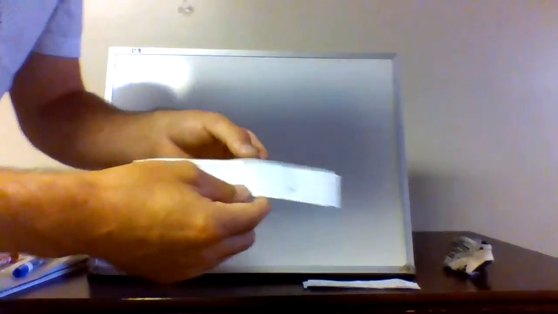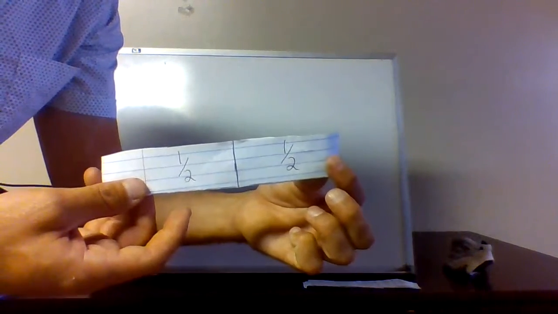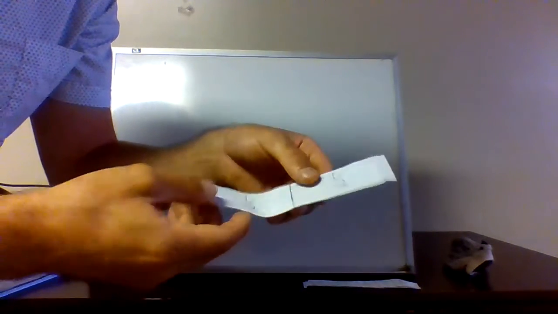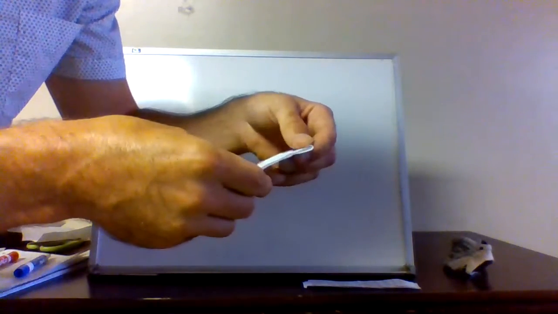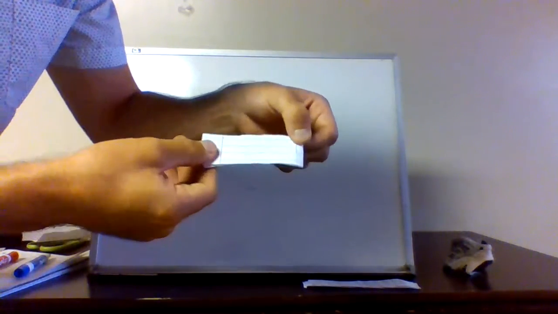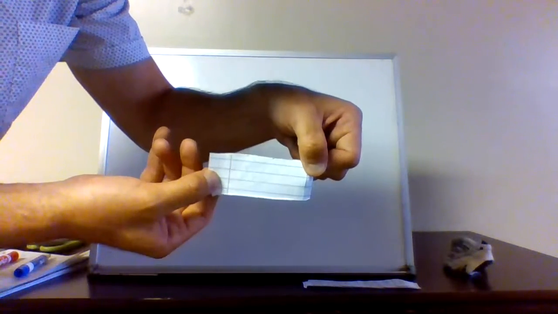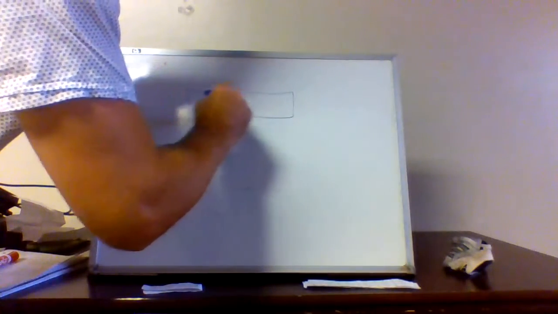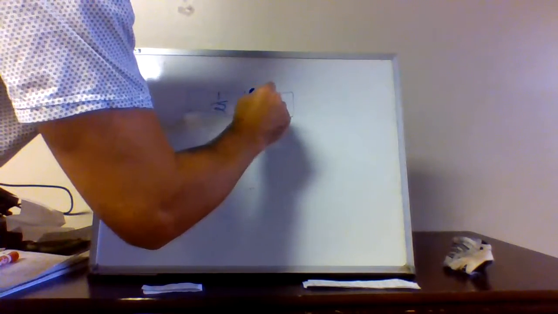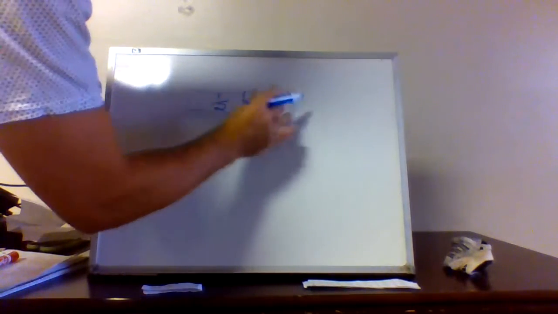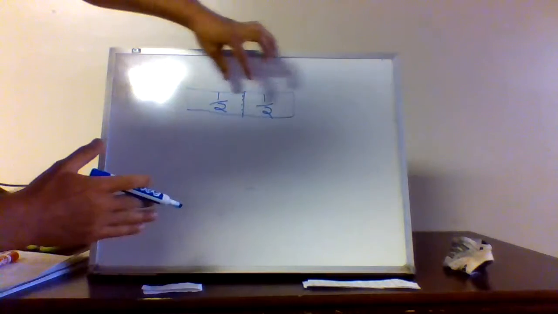So what we can do with this 1/2 is we can fold it in half right on the line. So we now have 1/2. So what we just did was we took our paper that was in halves, and right here we folded this side over to this half.